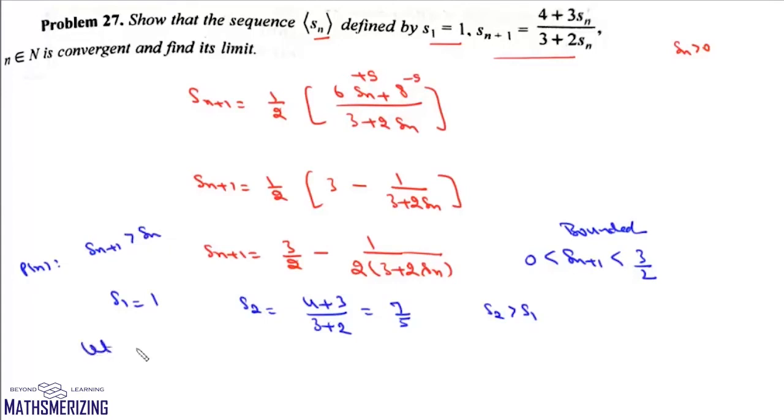Now we'll let Pk be true. That means Sk plus 1 will be greater than Sk. Now we'll multiply it with 2 and we'll add 3. We can write 2Sk plus 1 plus 3 will be greater than 2Sk plus 3.